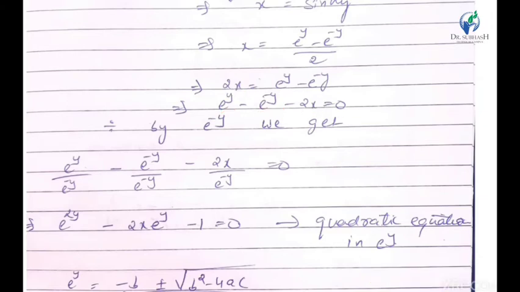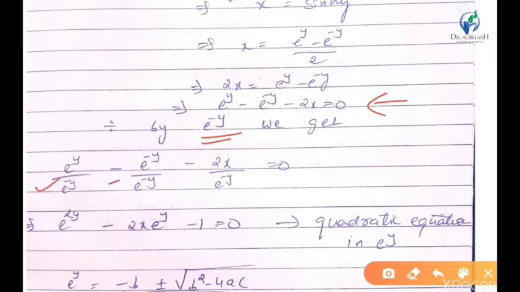Now to solve this, we will divide this whole equation by e raised to minus y. So next step will be e raised to y upon e raised to minus y, minus e raised to minus y upon e raised to minus y, minus 2x upon e raised to minus y equal to 0. Now this will go to the numerator, so we get e raised to 2y. This will get cancelled, so we get minus 1, and this will go to the numerator, so we get minus 2x e raised to y.